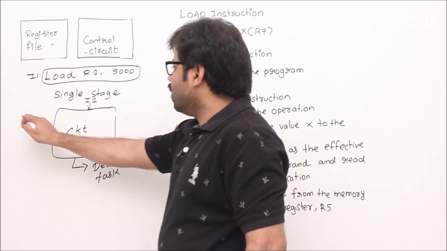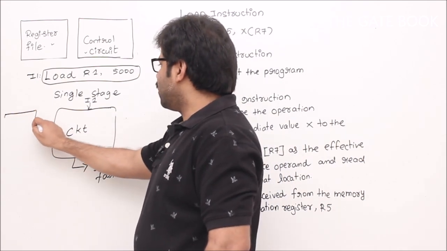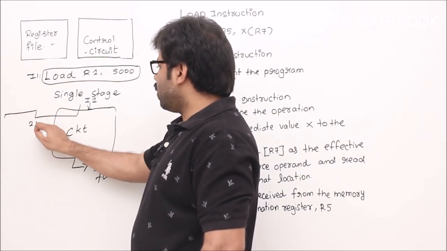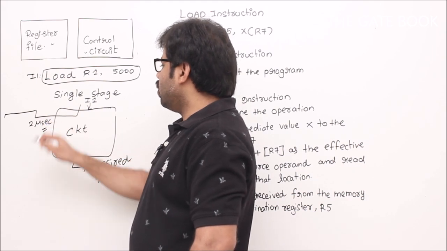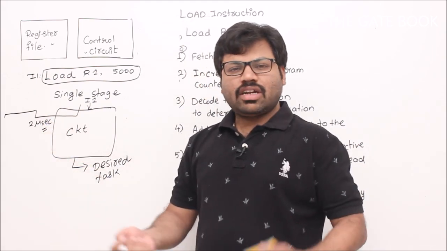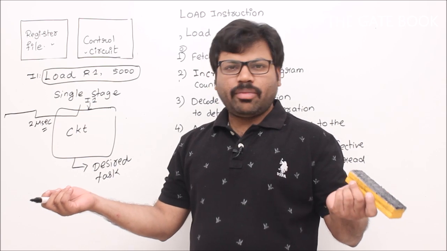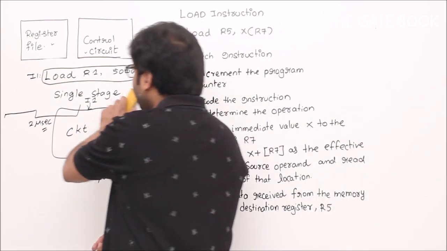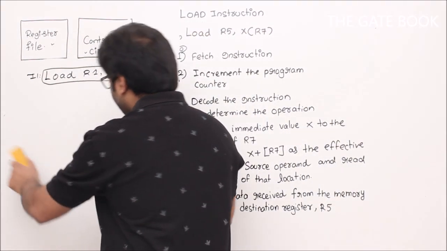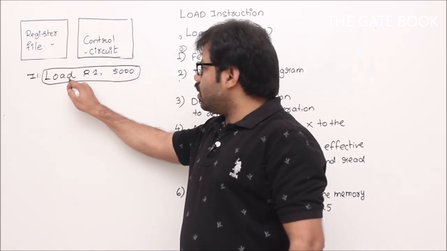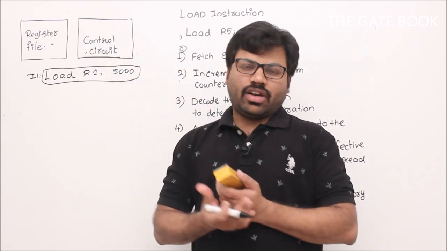Fix the clock to 2 microseconds. If it is not sufficient, go to 3 microseconds. In that way we can design a circuit which can execute this instruction in one clock cycle.